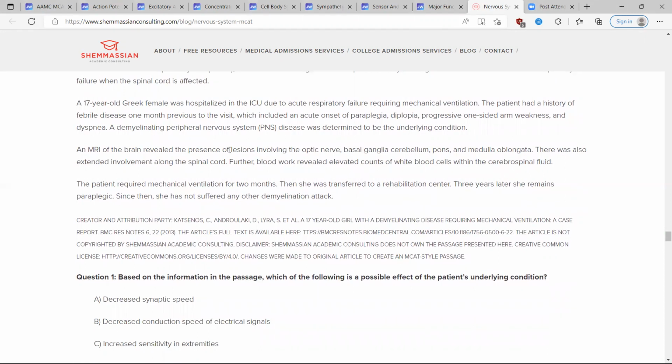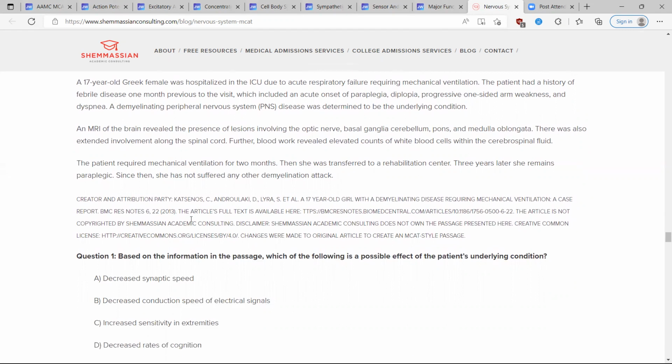Further blood work revealed elevated counts of white blood cells within the cerebrospinal fluid. The patient required mechanical ventilation for 2 months. Then she was transferred to a rehabilitation center. 3 years later, she remains paraplegic. Since then, she has not suffered any other demyelination attack. Well, that's kind of sad.